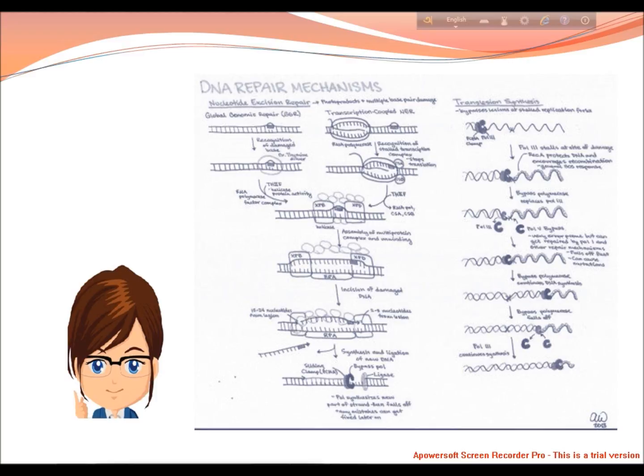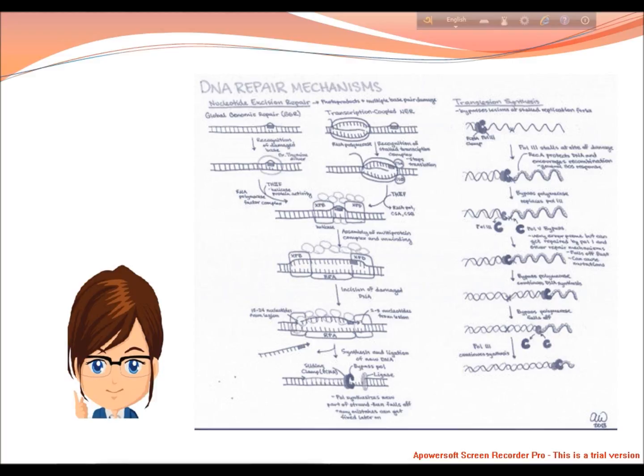However, many are extremely efficient at inserting correct bases opposite specific types of damage. For example, Pol eta mediates error-free bypass of lesions induced by UV irradiation, whereas Pol iota introduces mutations at these sites.